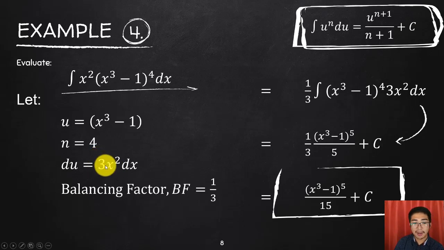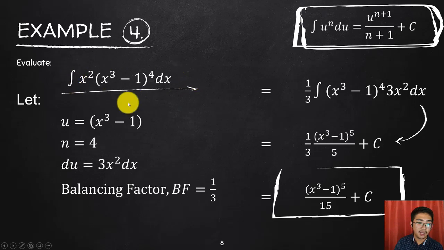We cannot use the power formula if there is a missing factor in your components. Du is very specific. Du must be 3x squared dx. Not just x squared dx.